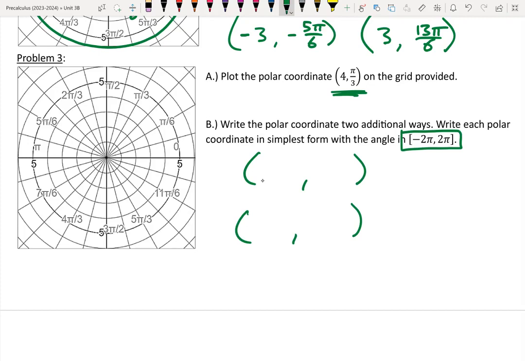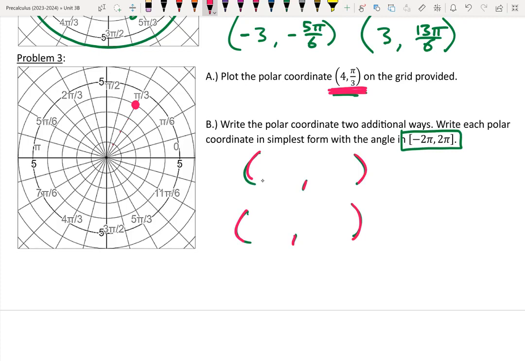First off, let's go ahead and plot our point. Zach, where would I go to plot the point? One, two, three, 4. So there is my point. All right. So let's go ahead and get some coordinate pairs.